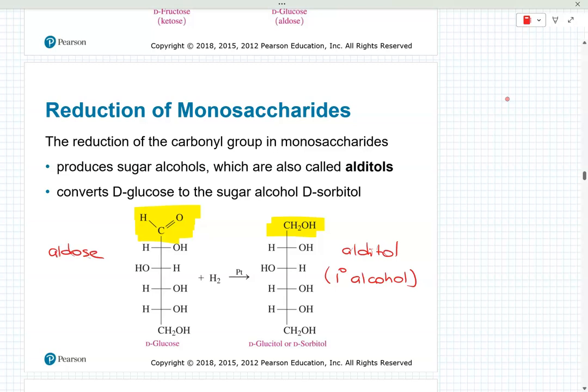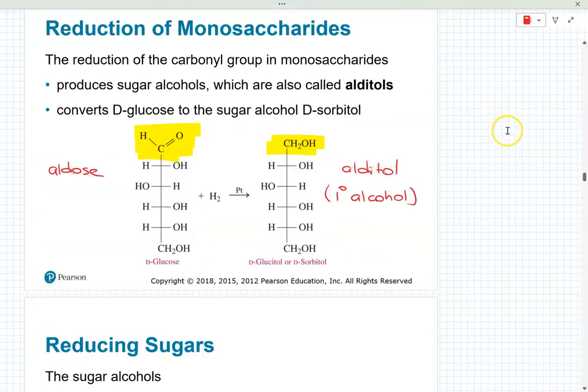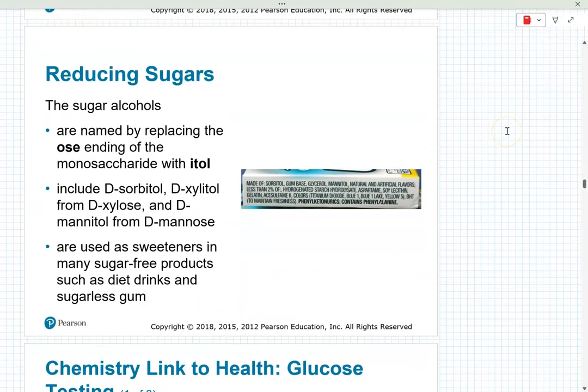Am I making sense? The term sorbitol, does it sound familiar now? Yes? If you use sugar-free chewing gum, sorbitol is what gives the sweet taste. It gives the sweet taste, but it doesn't have the glucose effects. You see what I'm saying? We'll get back to this. Okay?